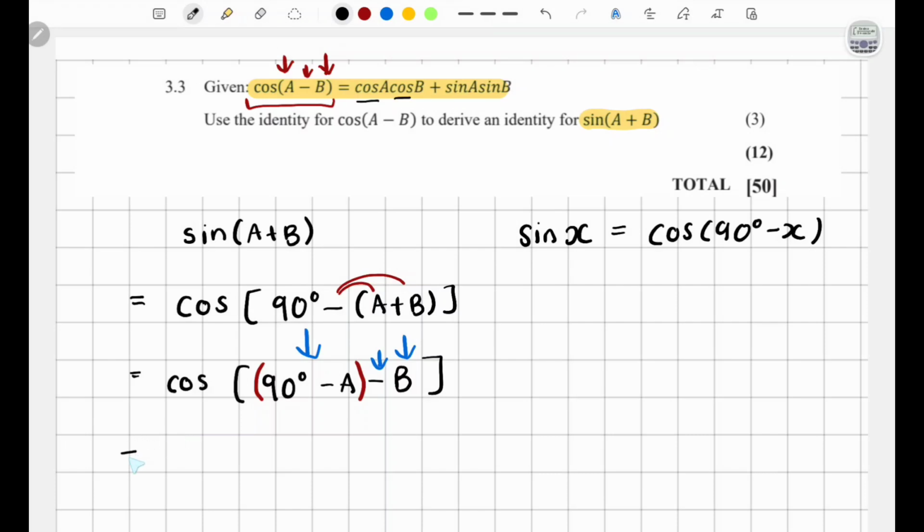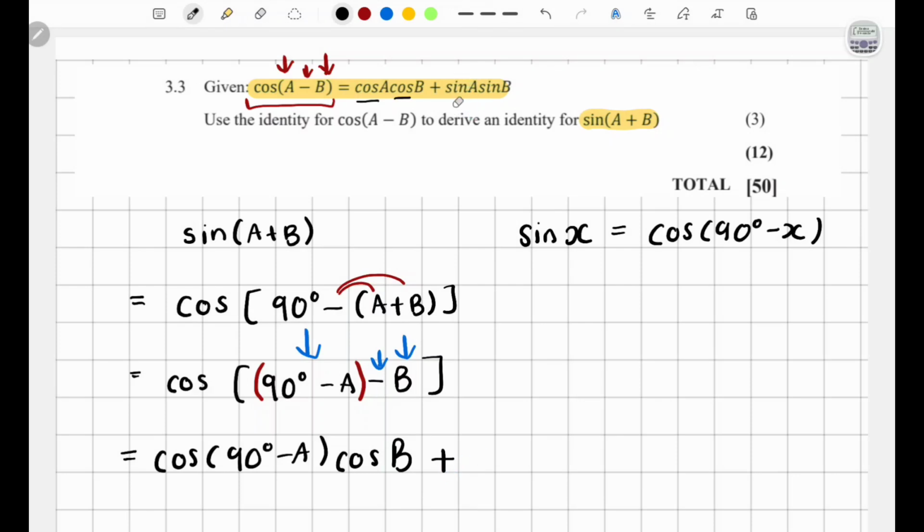The expansion says we're going to have cos of A, meaning cos of our first angle, which is 90 minus A. So we have cos of 90 degrees minus A. And then it says cos of B, meaning cos of our second angle, which is B. Then, when it has a minus, it changes its sign to a plus; we also have a minus, so we change our sign to a plus.